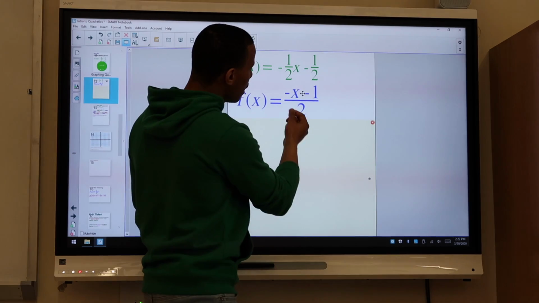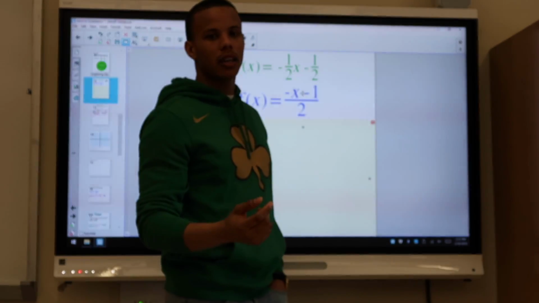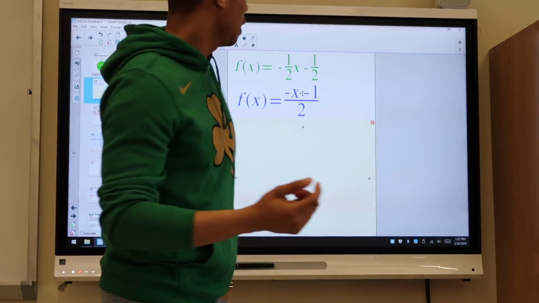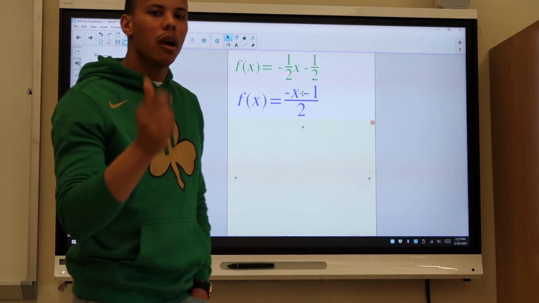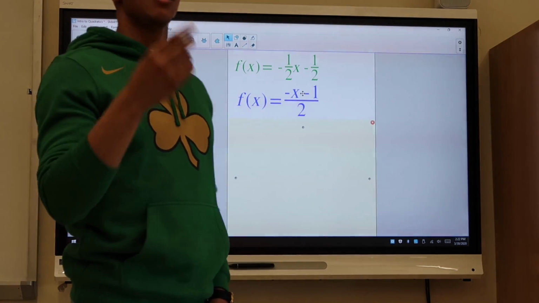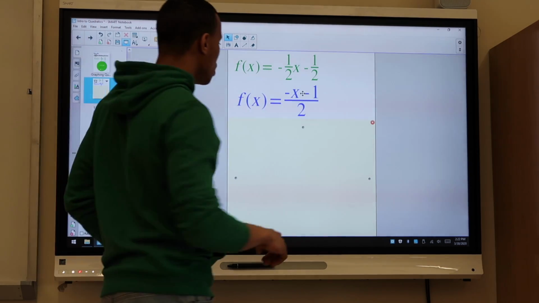Because if I pick an odd number and subtract 1 from it, it's going to give me an even number, and an even number is divisible by 2. Remember, the bare minimum that we need is 2 points, so we can trace my line. I just want to spread them out.